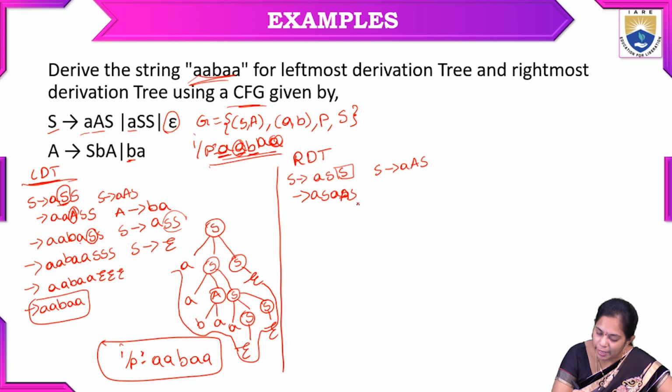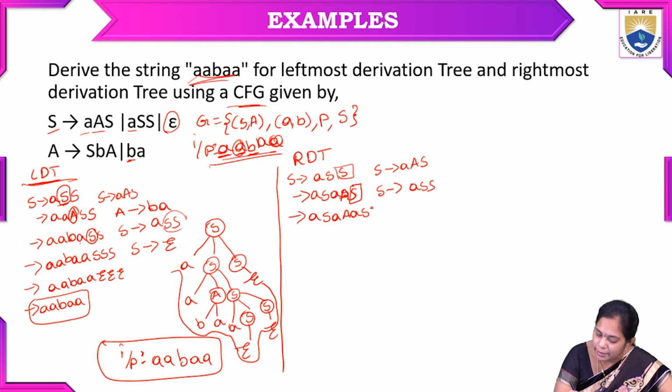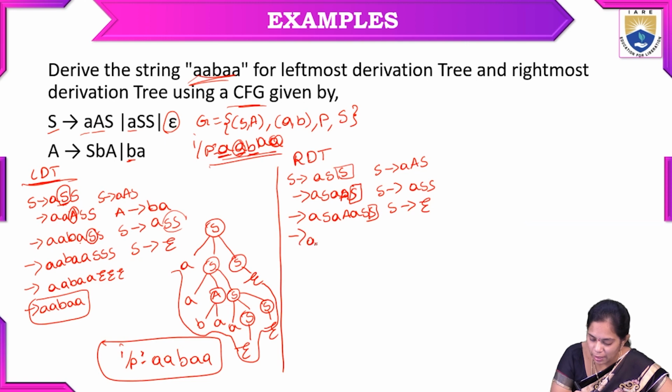And here the rightmost symbol. What is the rightmost symbol? This S. So here we have to substitute this S with ASS. So A, S, A, S, S. And here again the rightmost symbol S, so we substitute it with epsilon and we write A, S, A, S, epsilon.